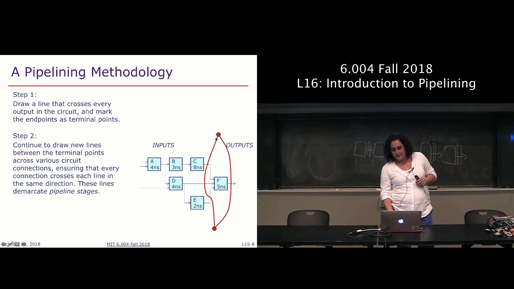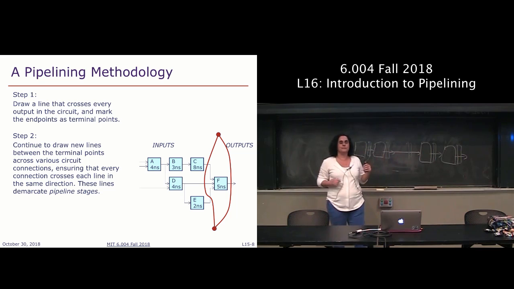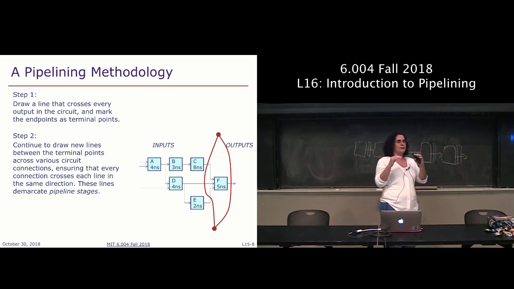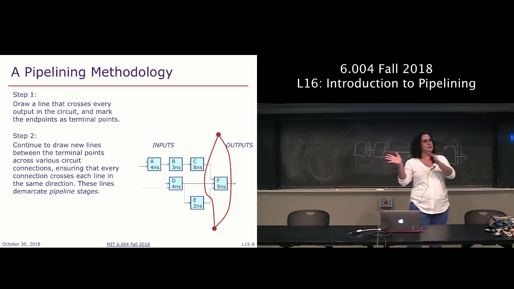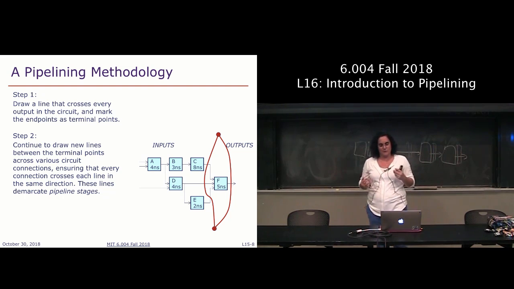If I look at this contour right here, the second one I just drew, and I label the left side my inputs and the right side my outputs, it must be the case that every arrow that crosses this contour goes from inputs to outputs. Okay? So if you have some funny shaped circuit with arrows going in different directions, your best bet is to redraw it so that the arrows are all moving in the same direction, so that when you pipeline it, you don't end up producing circuits that don't work.